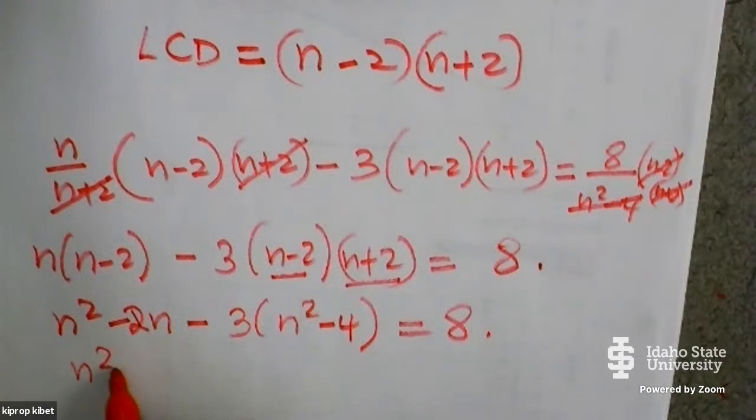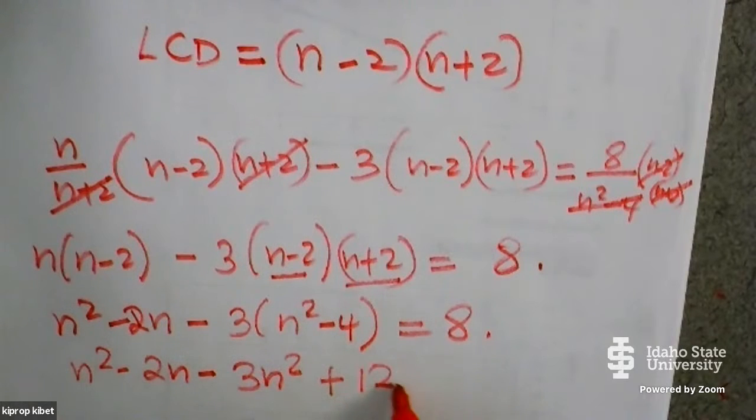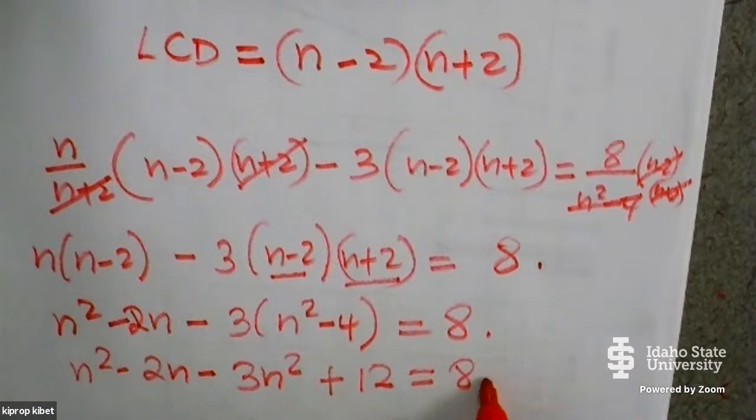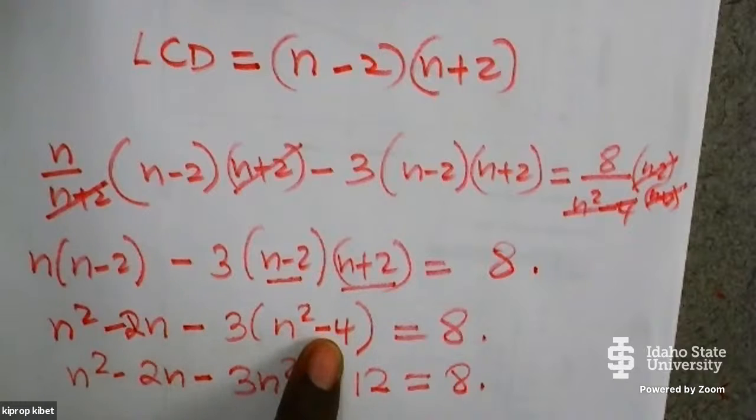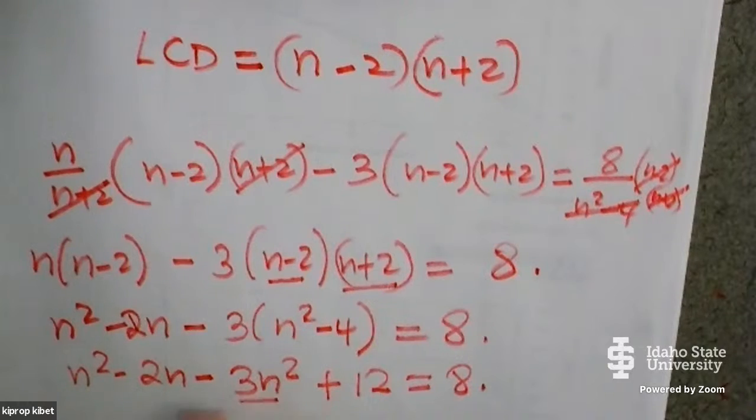So n squared minus 2n minus 3n squared plus, so equals to 8. When you open these brackets, there is minus here and there is minus here, so it becomes plus 12. Now, when you collect the right terms, then this. Can I backtrack a little bit?